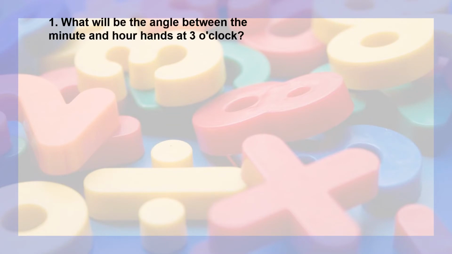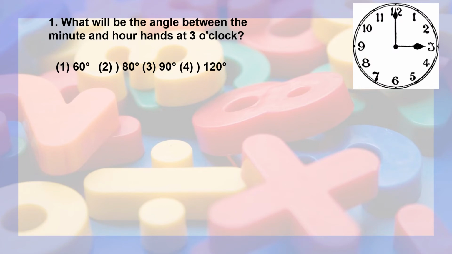The very first sum for this topic. What will be the angle between the minute and hour hands at 3 o'clock? Now you have to look at the clock and see when the clock shows 3 o'clock. You know the small hand will be at 3 and the big hand will be at 12. Which angle will be formed?